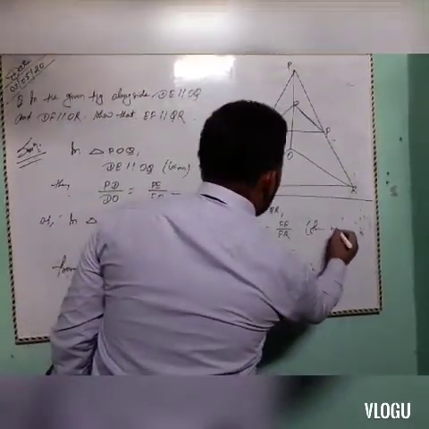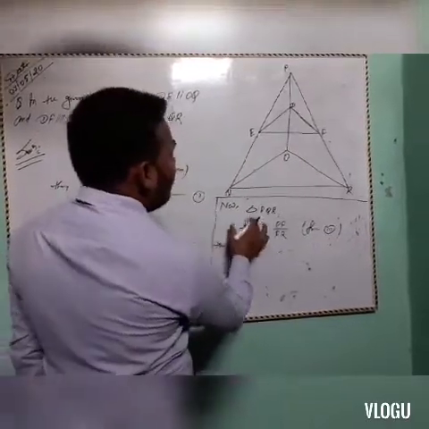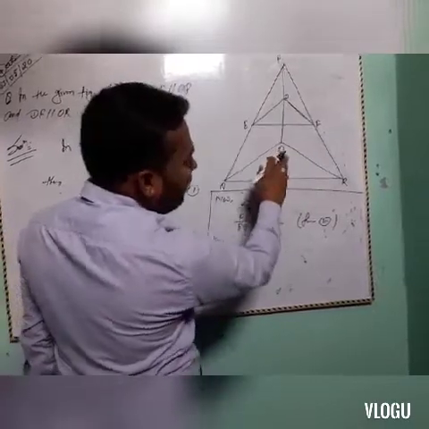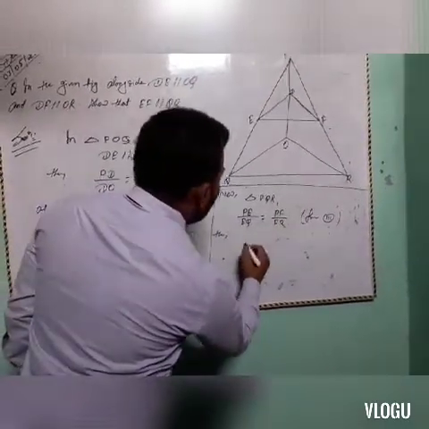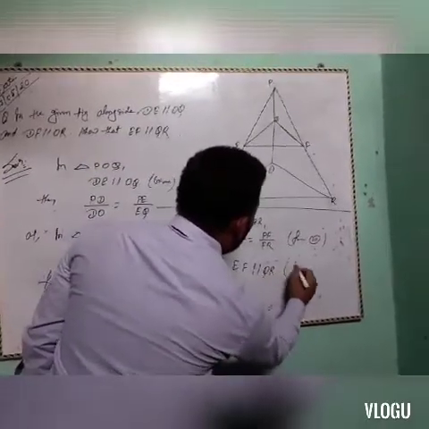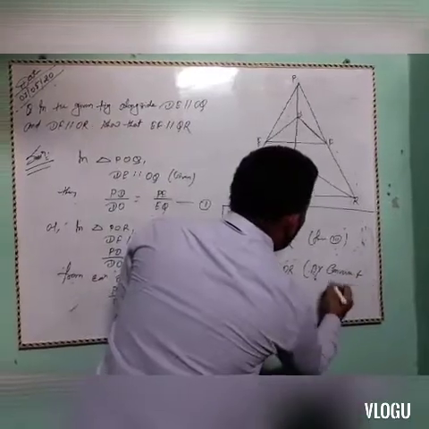From equation third, we say that in triangle PQR, PE upon EQ equals PF upon FR. Then we say that EF is parallel to QR by converse of BPT.